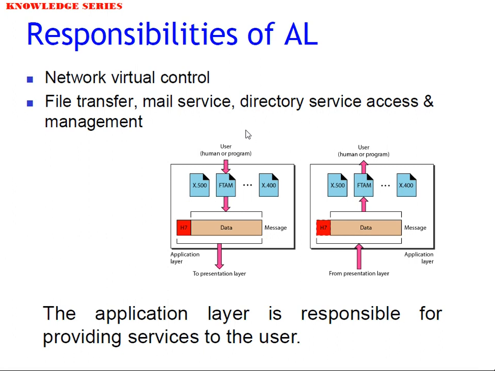Let me summarize the OSI layers. We have the physical layer, where we deal with data rate, transmission media and mode. Then the data link layer, where we convert the data into frames and have flow and error control. Then the network layer, with source to destination routing.